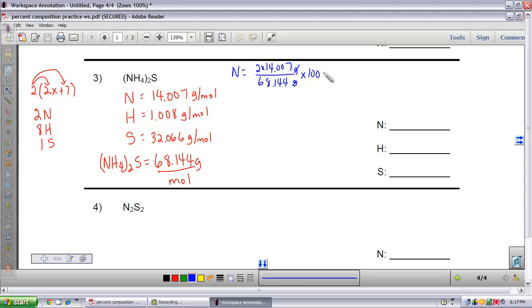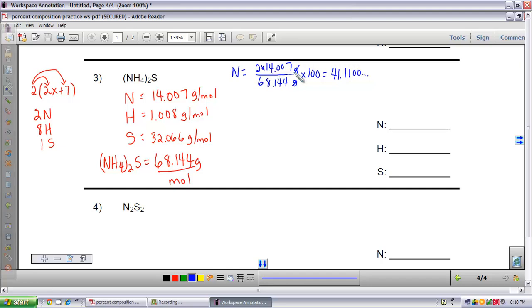Okay, and multiply that times 100. So let's see what we get. 14.007 times 2 is 28.014. Divide that by 68.144. Multiply it by 100. And the composition of nitrogen in this compound is 41.1100 and on and on and on.